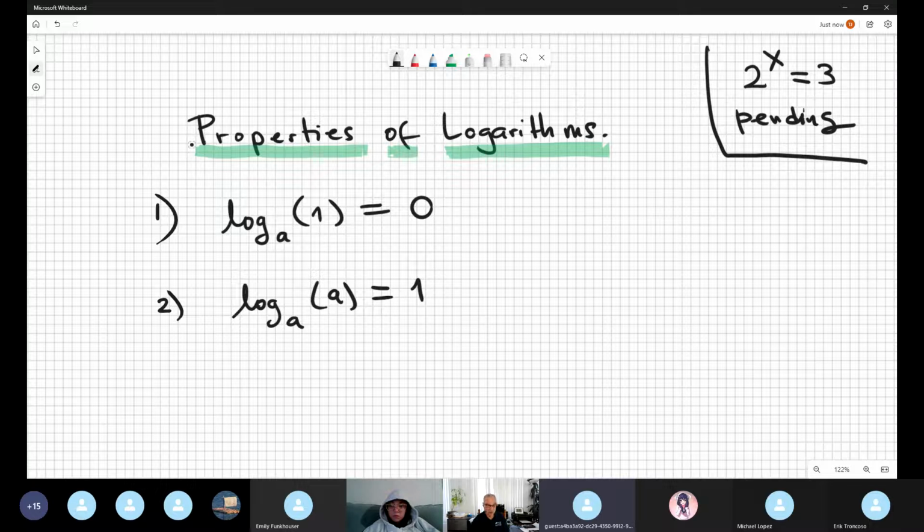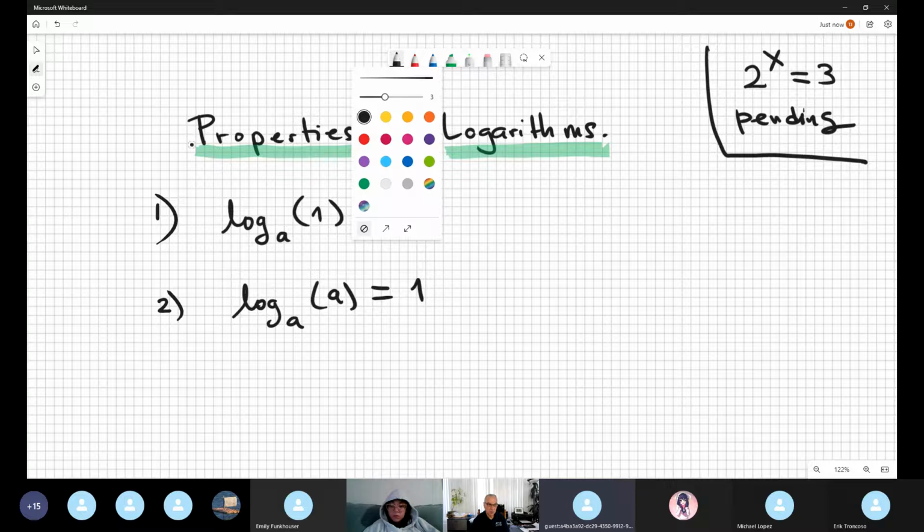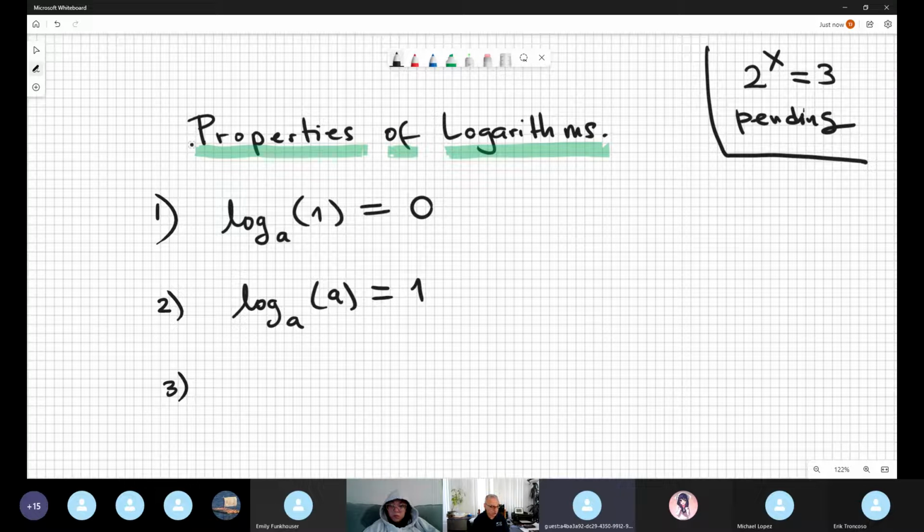Okay. Property number 3. In number 3, we take advantage of the relationship between logarithms. So you have the logarithm of any base, standard or non-standard, of the corresponding exponential, and you need to know that the exponential function and logarithm function are inverse functions. Therefore, when you put them together like a composition, they undo each other, and the answer is the identity. It's the same number. This is obvious, right?